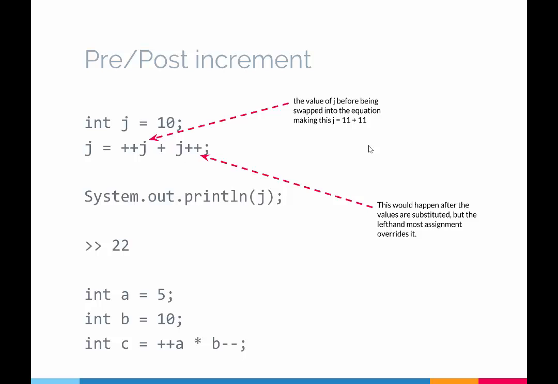So this would be 6 times 10. Then if you print out c, it's 60, but if you print out b, it's 9. So I think the best way to remember this is read it left to right. Operate first, then substitute, then operate.